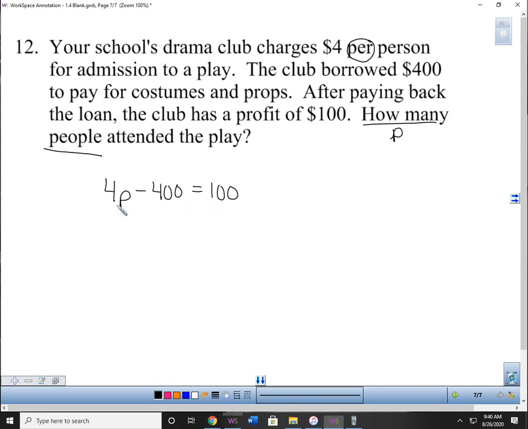All right, so to figure out how many people came, we need to solve for P. So the first thing I do is add the 400. So I have 4P equals 500. All right, then I'm going to divide by the 4.